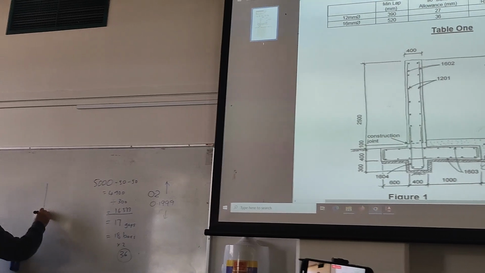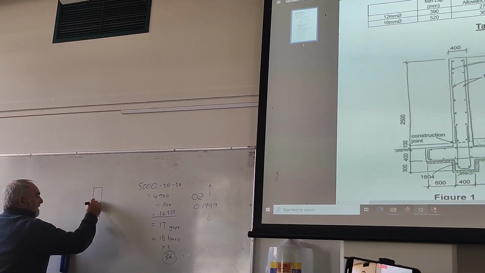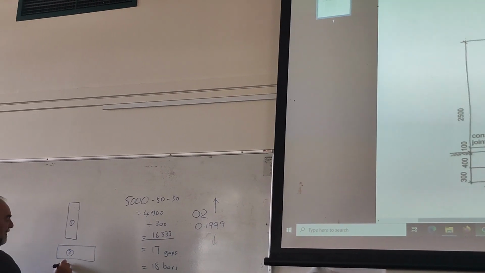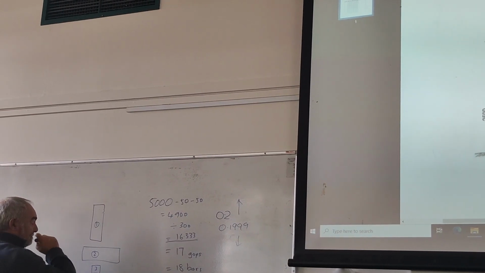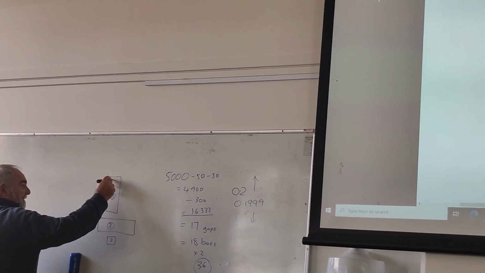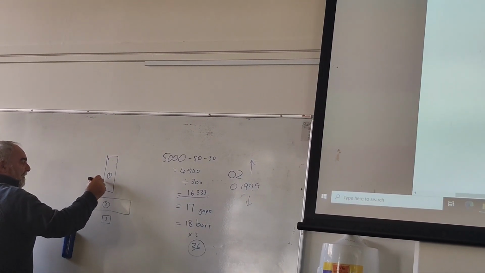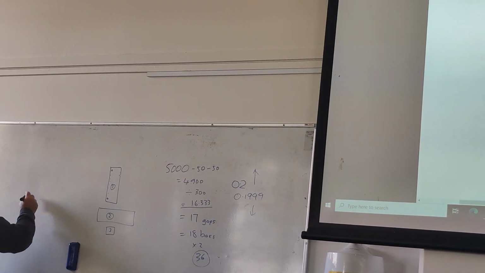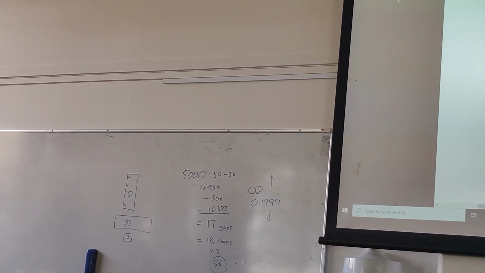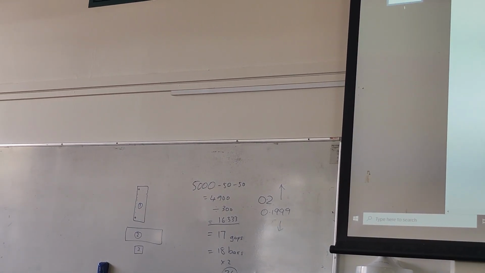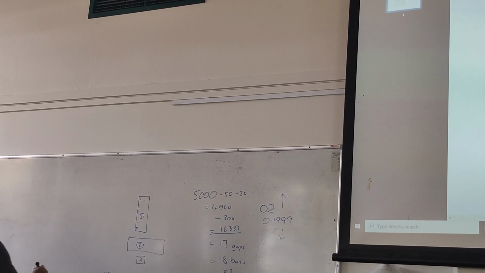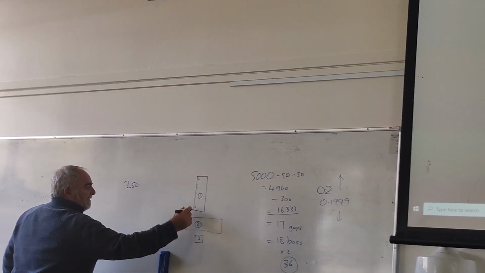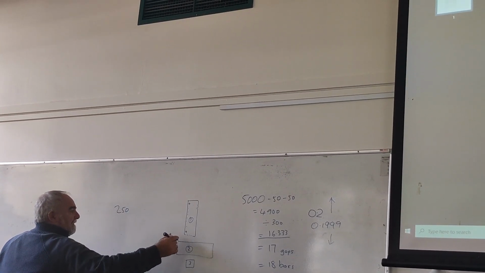Let's just go here, call it area 1. We'll call that area 2, and we'll call that area 3. So we've got bars distributed all the way along here. We're going to work out how many of them there are. So as the chap at the back pointed out before, the distance is 2,500 from the construction joint to the top.